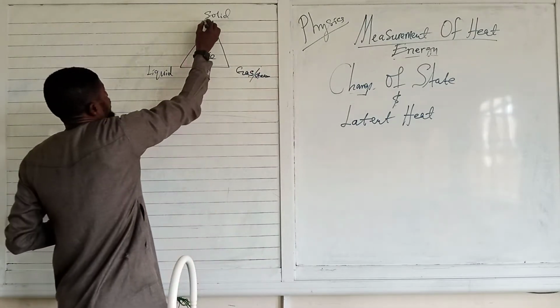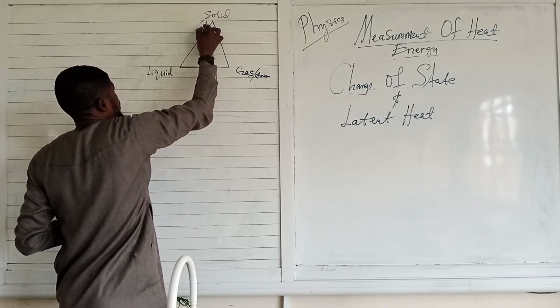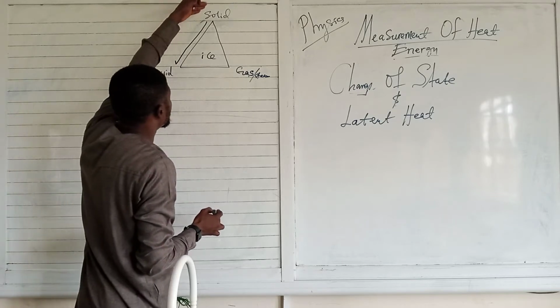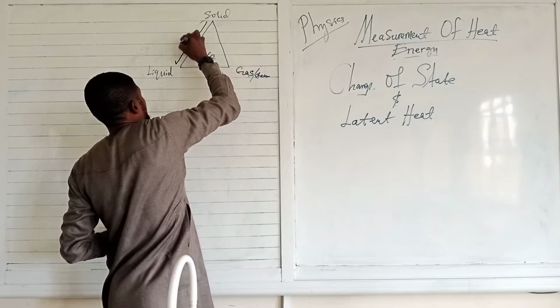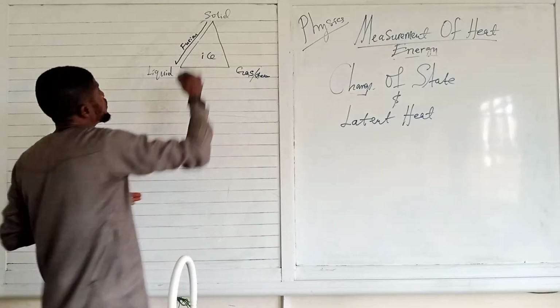Now, arrow down, we talk of what? Arrow down is change of state from solid to liquid. We call it fusion. So we write fusion here. It is called fusion or melting.